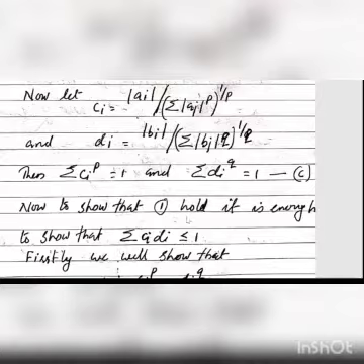Then you can take the denominator to this side and you will get the desired inequality. So what we need to prove is that sigma Ci Di is less than or equal to 1. We will prove this quantity.